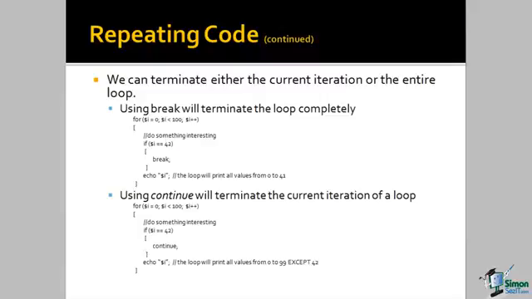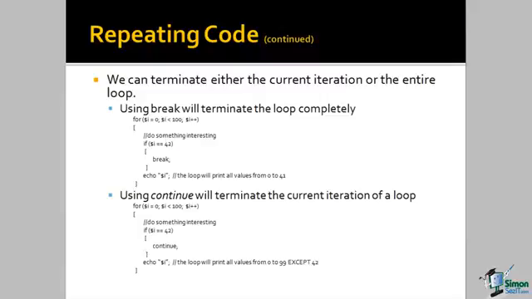So if we have the break statement under some conditional control construct, like in the example here with an if statement, when that value in the if statement resolves to true, the break statement will execute. The break statement says, just terminate this loop and get me out of here. And when it says get me out of here, it takes us to the next line of code following the close of the loop block. But it terminates the loop.